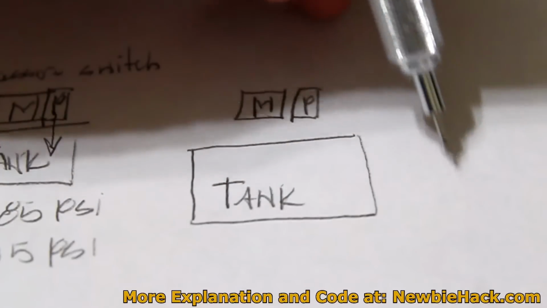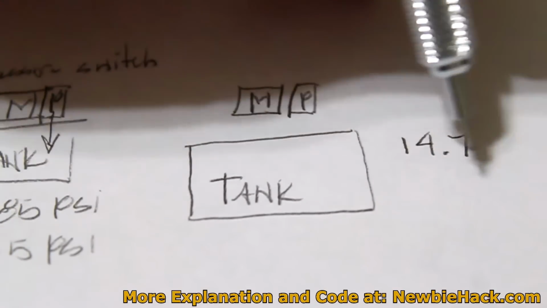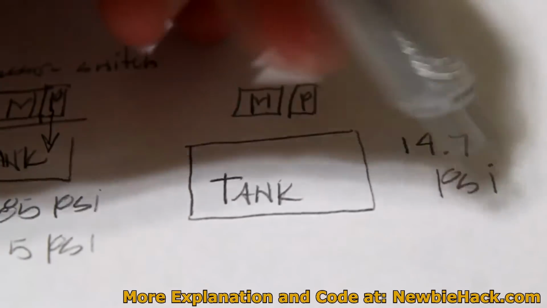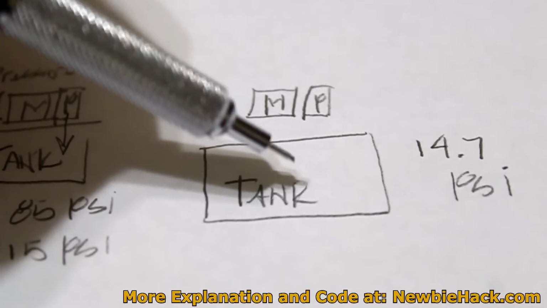Outside atmosphere is generally around 14, I think it's 14.7. So there's 14.7 psi outside of this tank, and anything below 14.7 psi would be a vacuum.